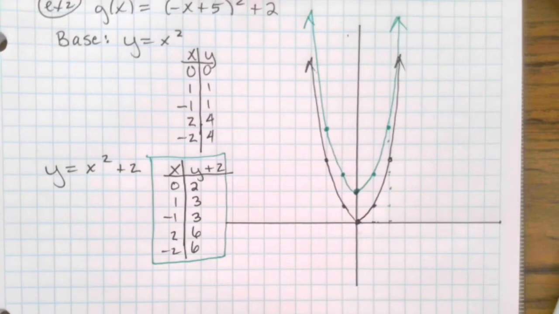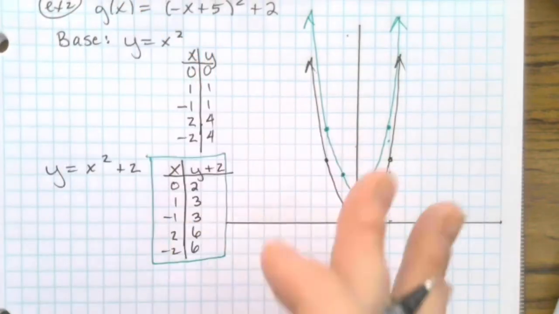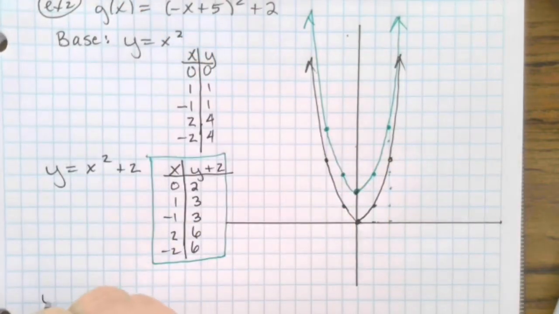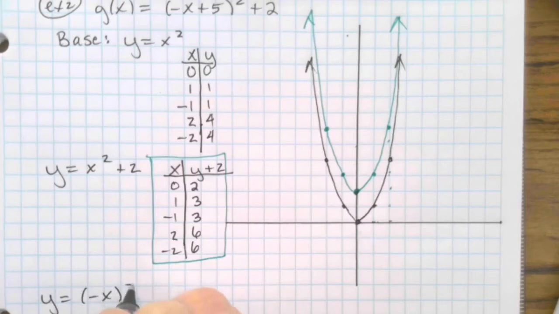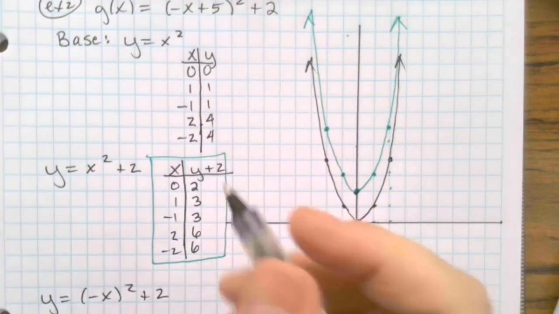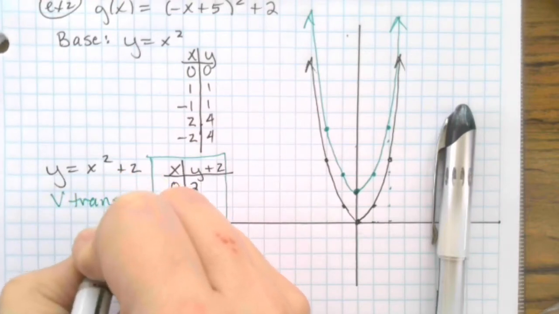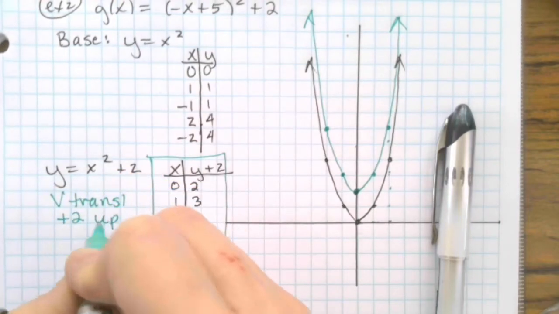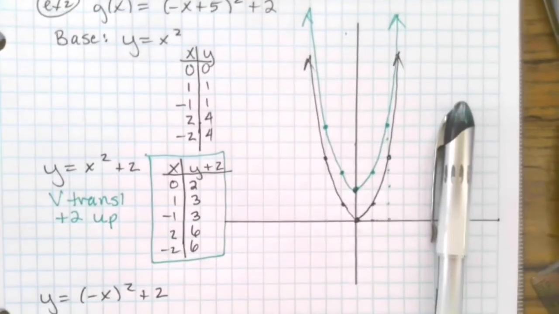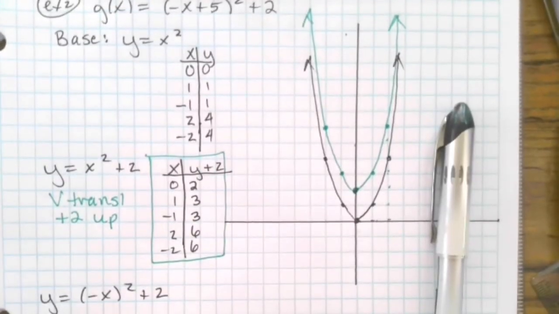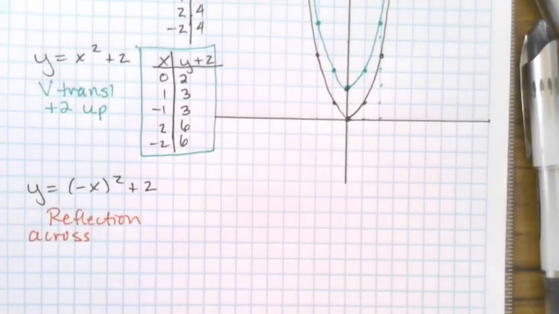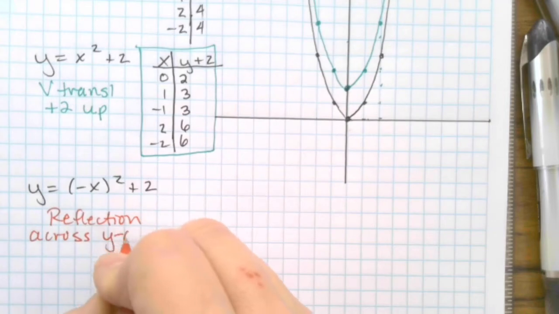Okay, now we're going to do the reflection. You always reflect and then translate. So we're going to do the -x squared. Oh, I forgot to write in what this was. This was a vertical translation up. This one is going to be a reflection across, and this one's on the inside this time, not the outside, so it's across the y-axis.